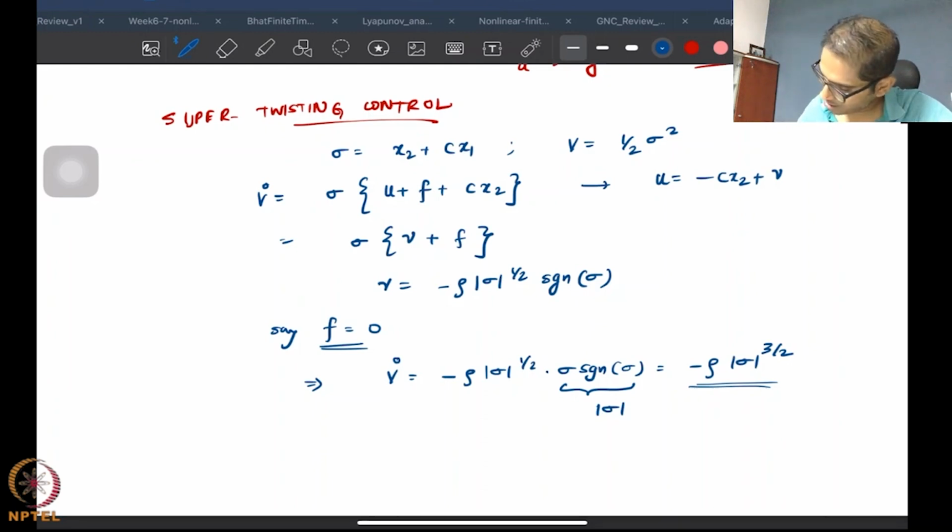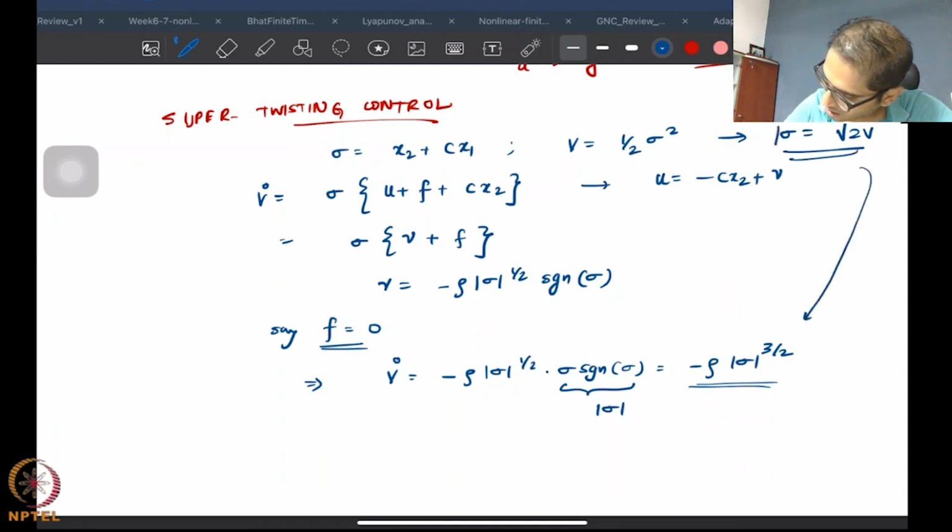This implies sigma is somehow equal to the square root of twice v, is what I get from here. And if I substitute it here, the absolute value of sigma is square root of 2v. If I substitute it here, I will get minus rho 2 to the power half, so 2 to the power 3/4 times v to the power 3/4.